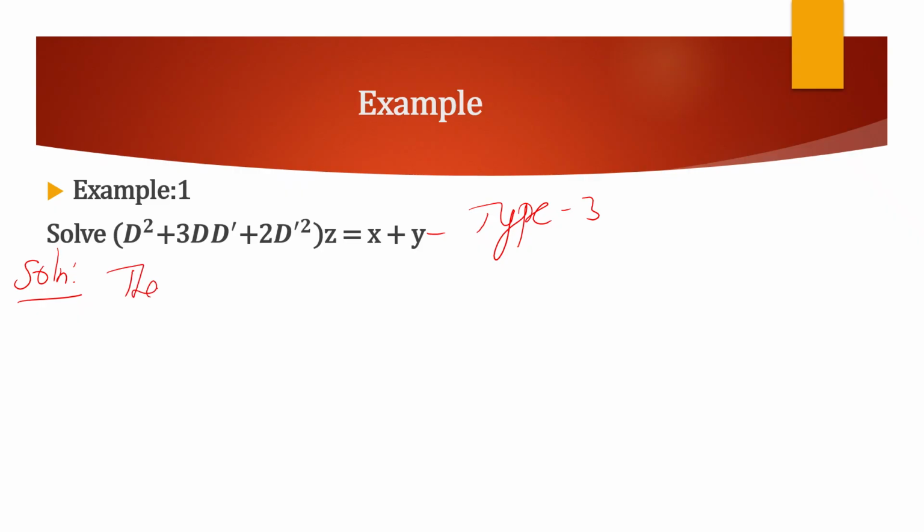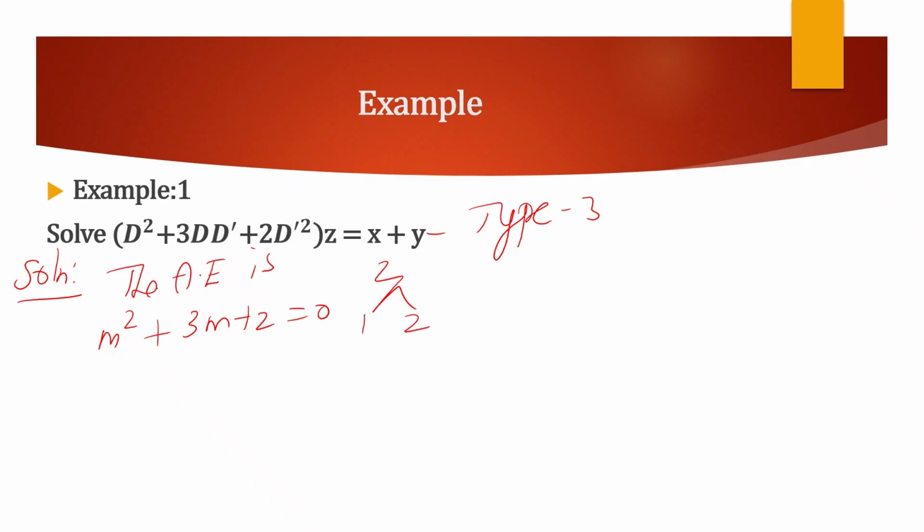For finding the complementary function, first we write the auxiliary equation, that is replacing in the left hand side d by m and d dash by 1, we get m square plus 3m plus 2 is equal to 0. And solving this, we can get the roots.